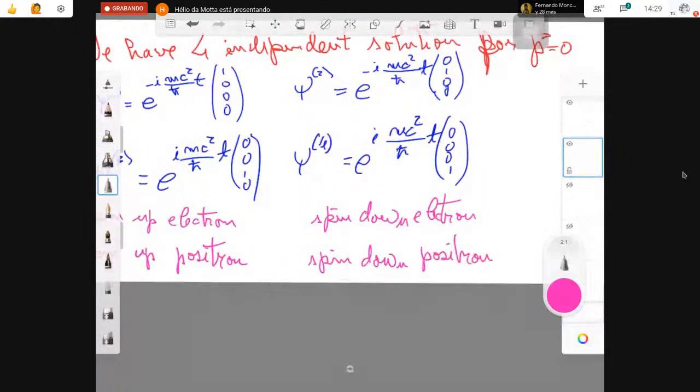Okay? So we have the four solutions, each one of them able to represent the electron or the positron, spin up or spin down.